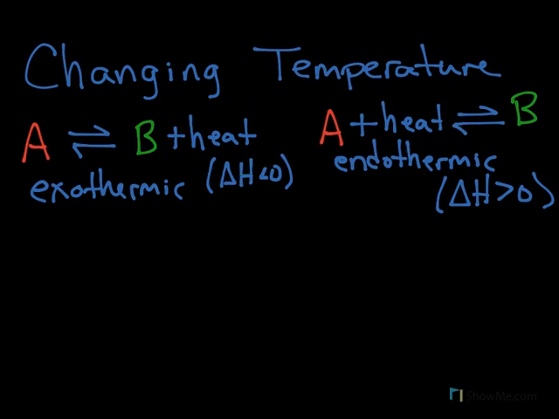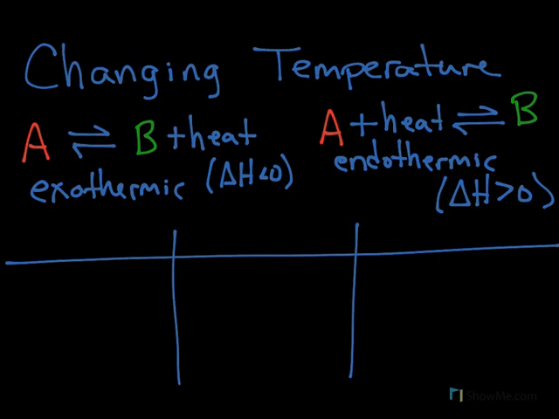Let's make a chart. We'll have 3 columns. On this one, we'll say endo or exothermic. On this middle column, we'll have a temperature change. Remember, delta, the triangle, means change. And on this column, we'll have the favored direction.